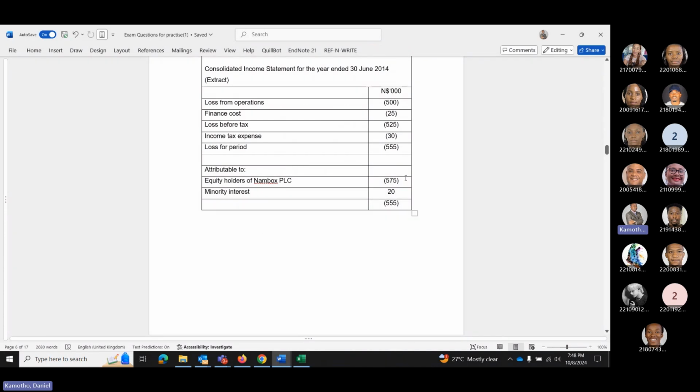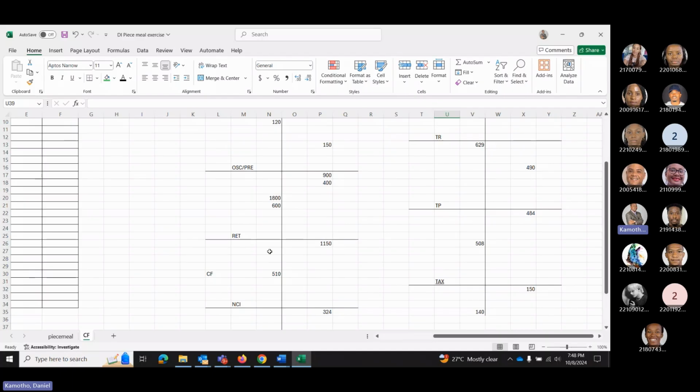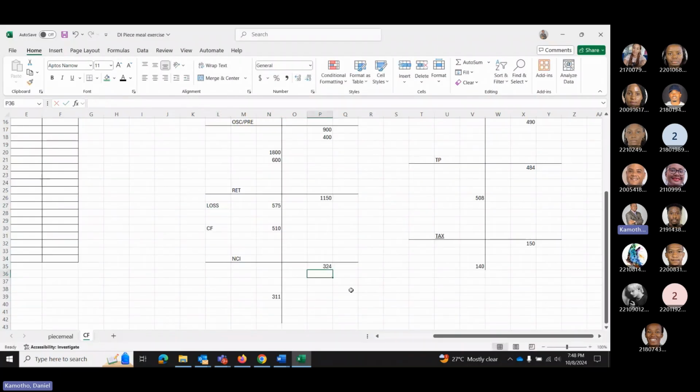So in the group, they made a loss of 575, and in the NCI, there is a positive 20. So we can go to the group retained earnings. There is a loss of 575, this is the loss for the year. And the NCI, there is a gain of 20, and that is the gain for the year.